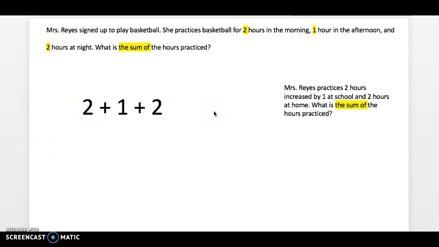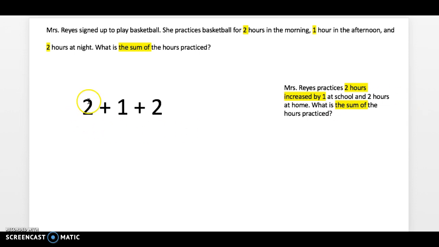But now it's asking us a different question, because she practices 2 hours increased by 1 at school. Increased by 1 tells me that I'm going to add these together first, because school hours happen before she goes home.